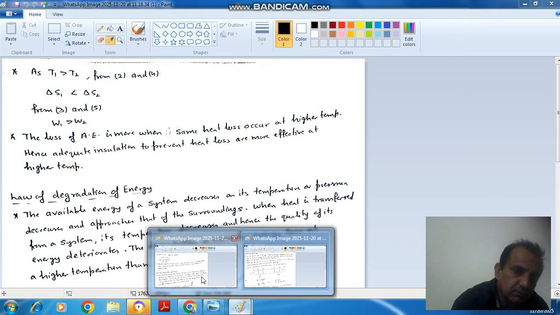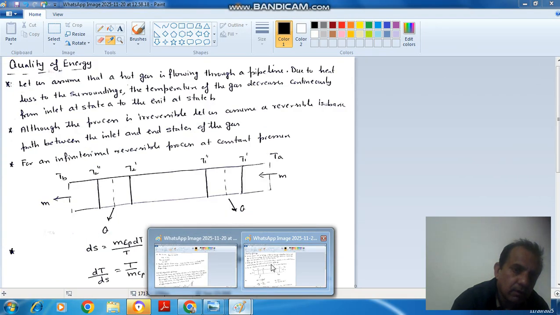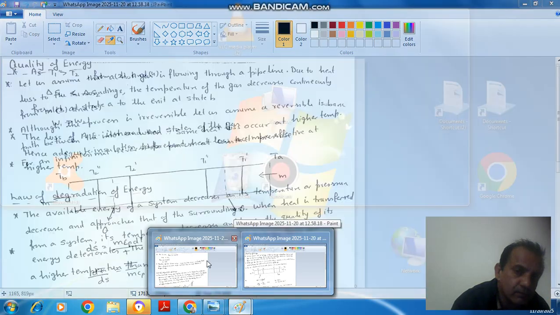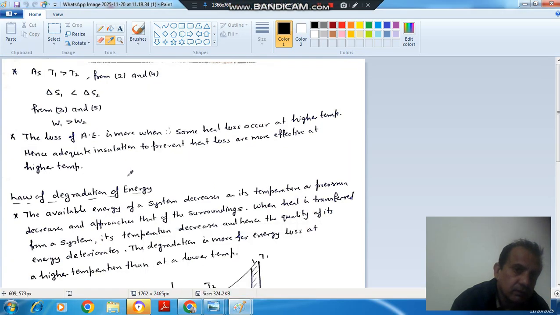So it means we have higher quality at higher temperature. If we lose the same heat at higher temperature and at lower temperature, we lose more work, or more available energy, at higher temperature. So the quality of energy is higher at higher temperature, because W1 is more than W2.